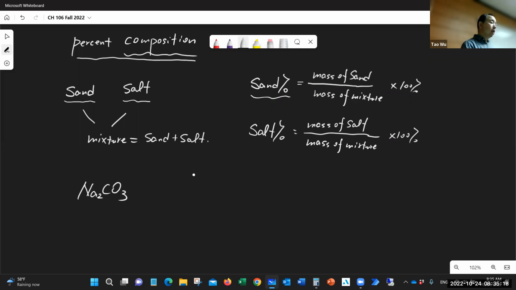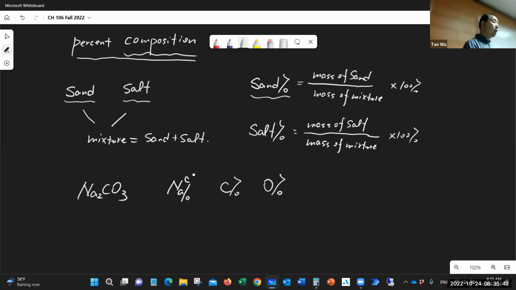You're going to figure out what the sodium percent is in this compound, what the carbon percent is, and also what the oxygen percent is. So that means the percent composition for a compound, not for a mixture.